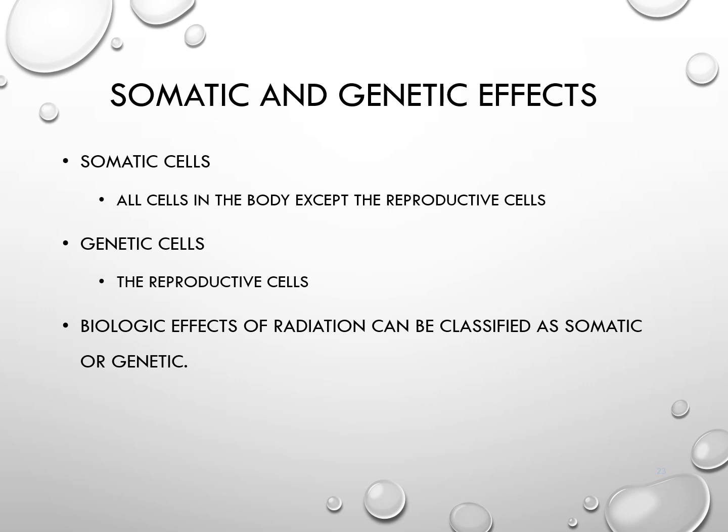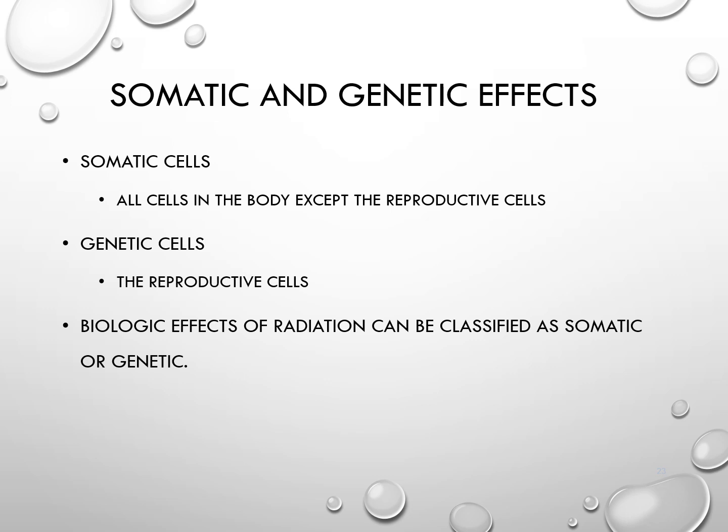All right, and then another one of the types of effects is going to be the difference between somatic and genetic. Here, it's just about the types of cells that are being irradiated and damaged. So somatic cells are any cell in the body except for the reproductive organs. Pretty easy to get this one. Genetic effects are only the reproductive cells. And it's really important here because if we damage a cell that is not a part of the reproductive organ, then those traits are only going to affect the irradiated person themselves.